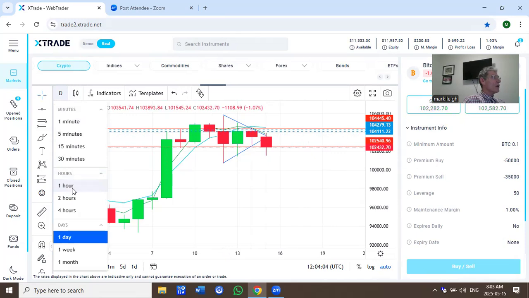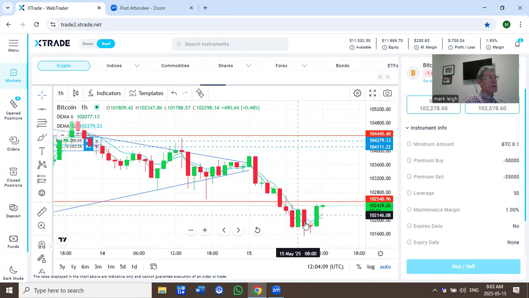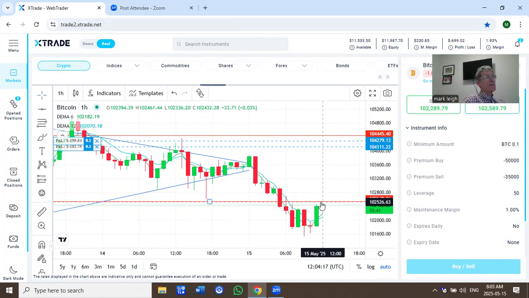If I look at the hourly, there you can see how it did break below. Buyers did step in, now looking to come back up, buyers, and test this support at 102.5 thousand. Buyers will be looking to get back to the 103,000 area, resistance up here at 104,500, but a long way to go.